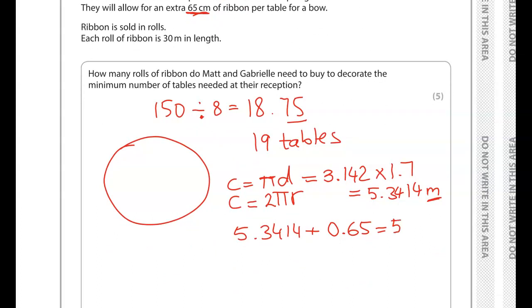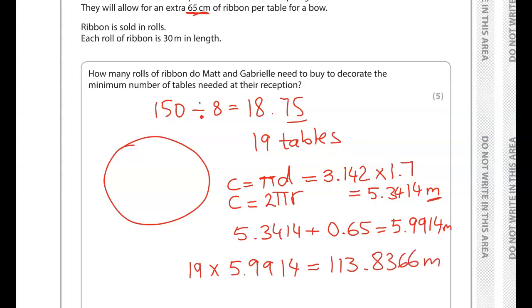That gives us 5.9914 meters per table. And as we said, there were 19 tables needed, so times 5.9914 gives us 113.8366 meters of ribbon in total.